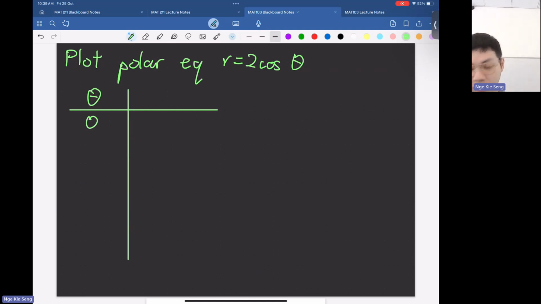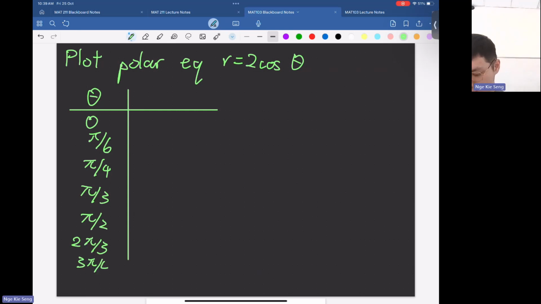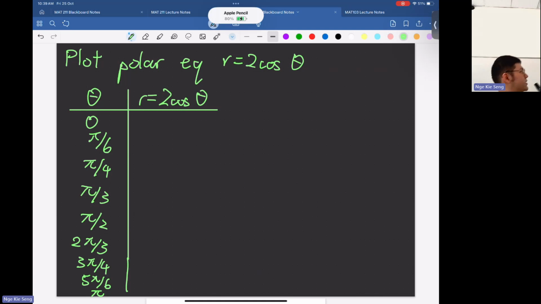Try and compute what this is for 0, pi over 6, pi over 4, pi over 3, pi over 2, 2 pi over 3, 3 pi over 4, 5 pi over 6. Try and compute these and then plot this polar curve here.